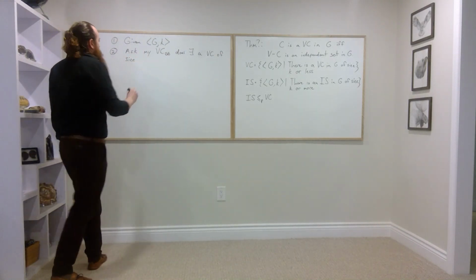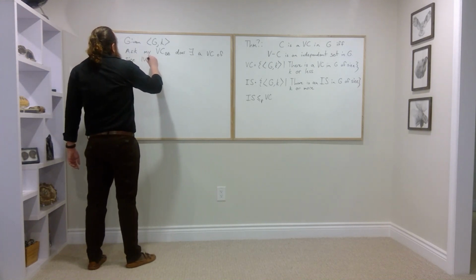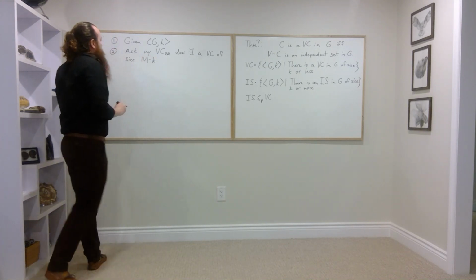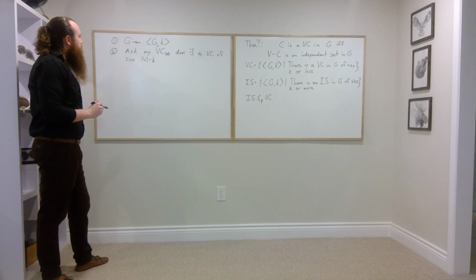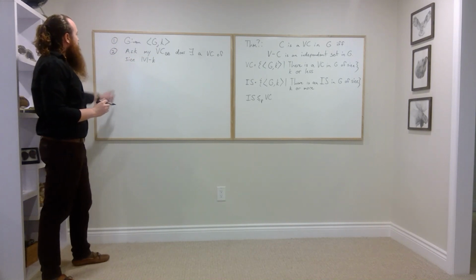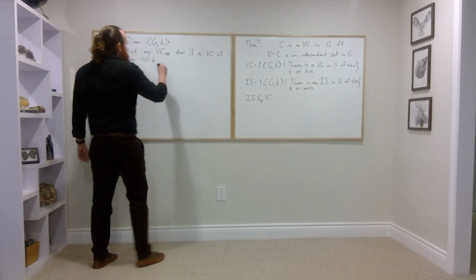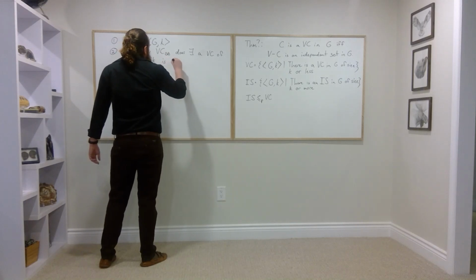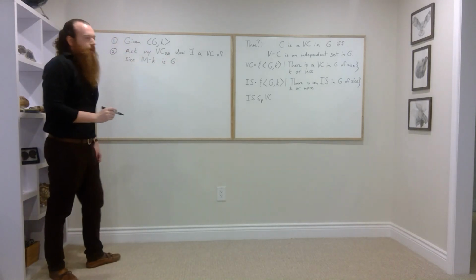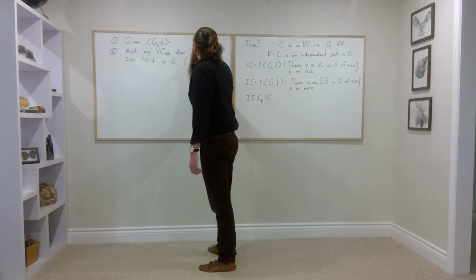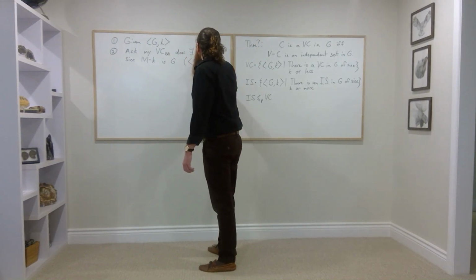And just bear with me for a moment. Let's try V minus K, the magnitude of V minus K. Does there exist a vertex cover of size V minus K in G? So I'm basically asking it, I pass it in G, and I pass it in the number V minus K.